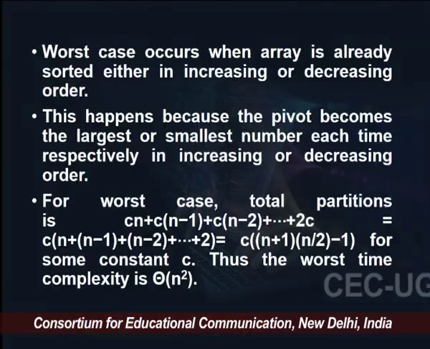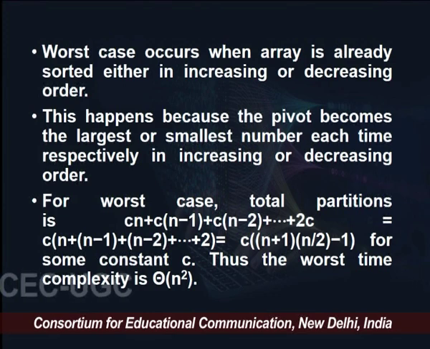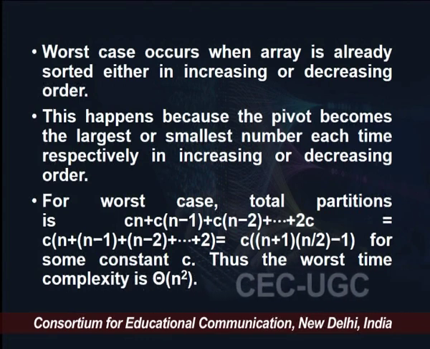Now, when is this worst case going to occur? When I told you that there are no elements on one of the sides, either the left side is empty or the right side is empty, this generally happens when the array is already sorted, either in increasing or in decreasing order. Why is it happening?